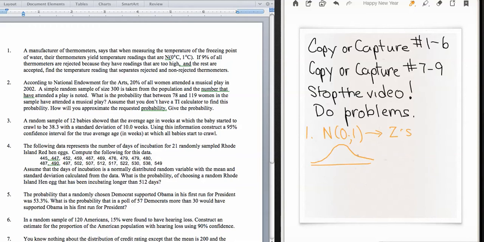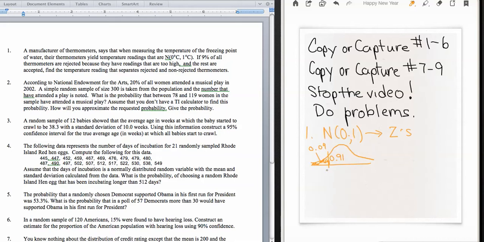We are looking at 9% of all are rejected, so rejects would be down here, right? And this is telling us that 9%, or 0.09, are rejected, which means that the rest, the 91% of the population, are accepted.